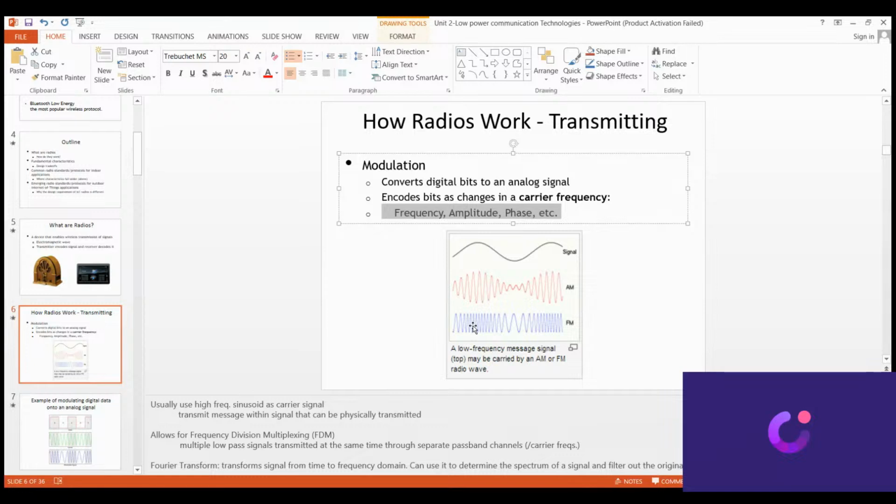But in either case, the digital bits are converted to analog, and they're transmitted on what we call the carrier frequency, which comes in the form of a wave. Then we can transmit using either AM or frequency modulation.